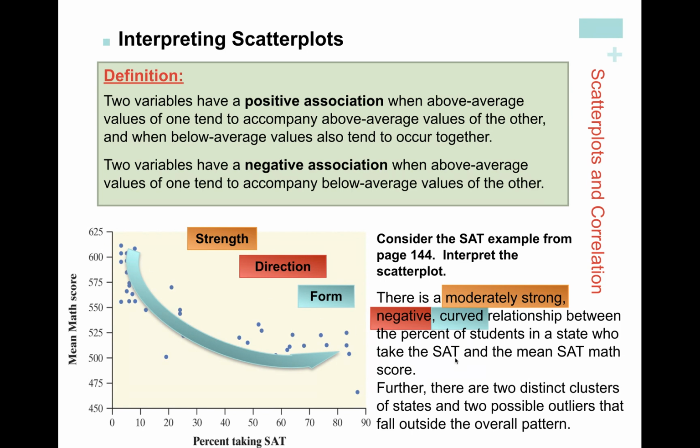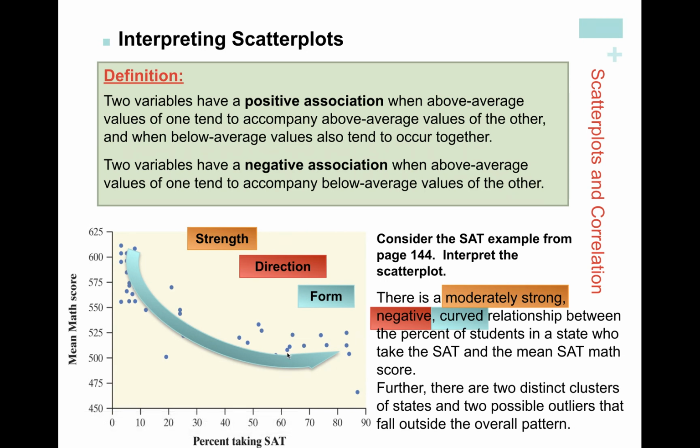All right, here's one other thing that we didn't talk about yet that's very important with interpreting scatter plots. You also want to look at what are called clusters. There are two distinct clusters. Notice that there's a very strong, tight cluster up here with a very low percentage and very high mean math scores.